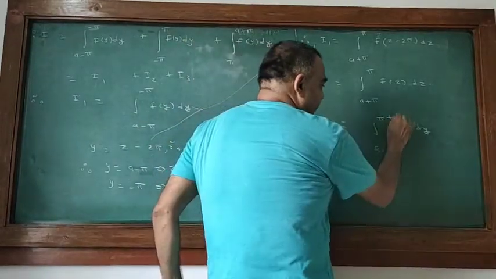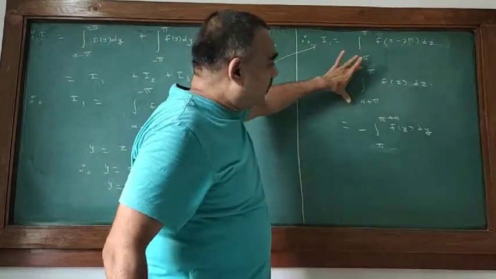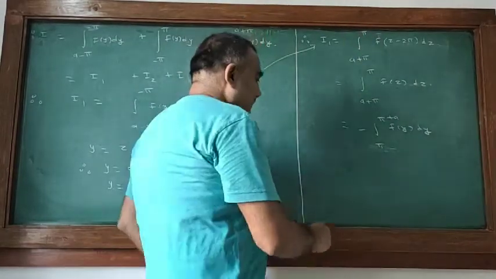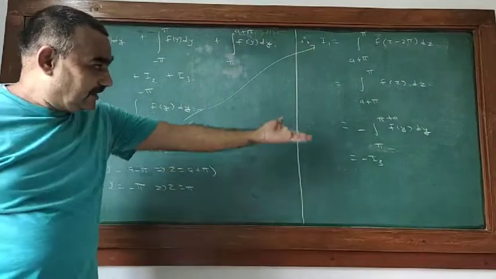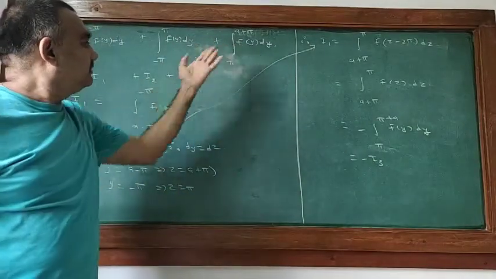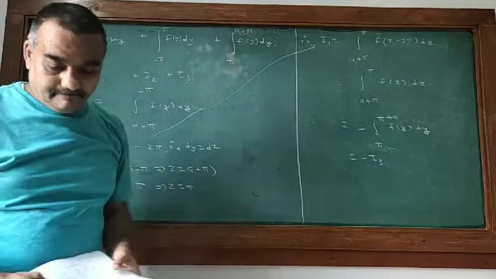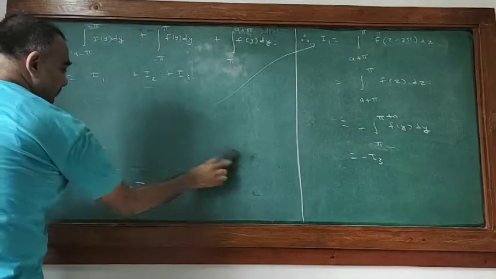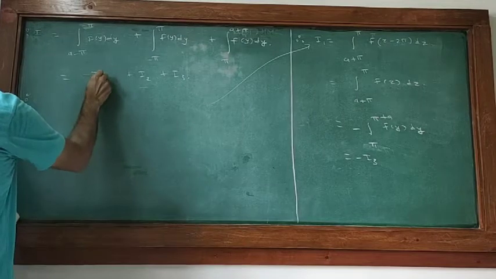And if I change the order of integration, it will be negative. Can you understand that this is minus I3? Yes, it is. I can see you can. Then this I1 is minus I3.